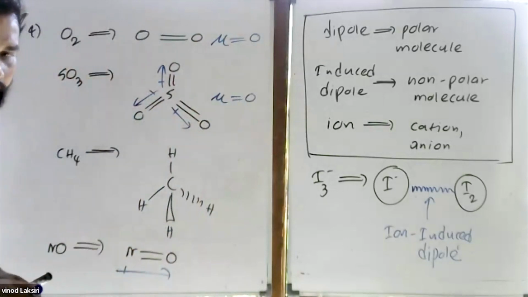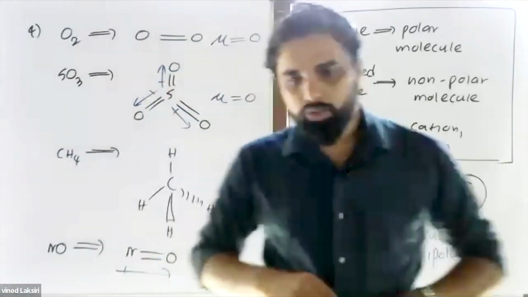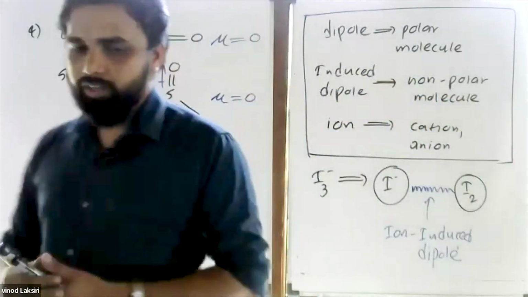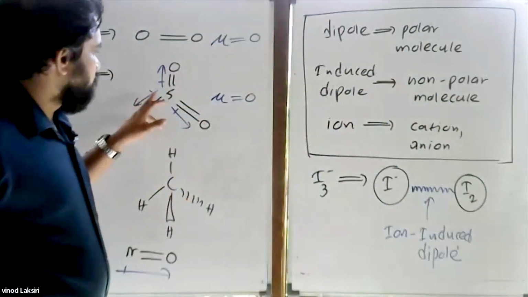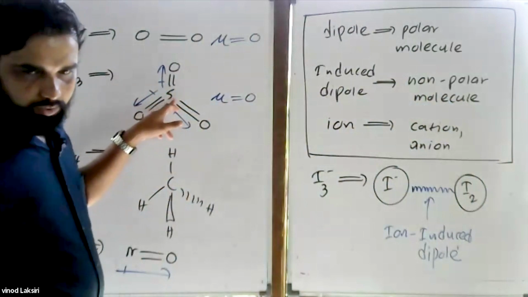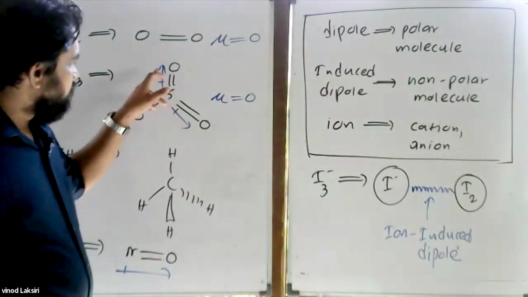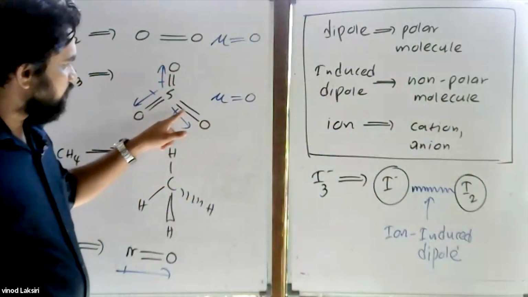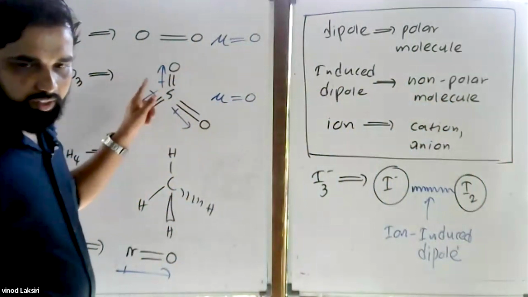Dipole moment is 0. Otherwise, using physics, I think in the mechanics part there is a net force concept, right? Think there is some object present here and equal forces are applied in this way, in three directions. Then what happens?